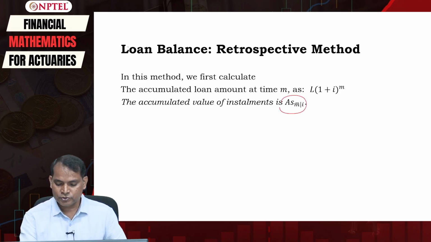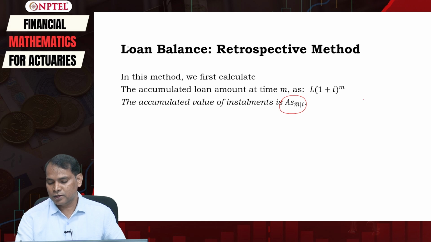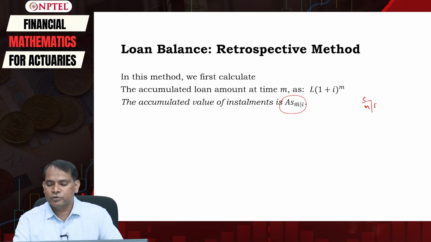This is the future value interest factor for annuity given m and i rate.